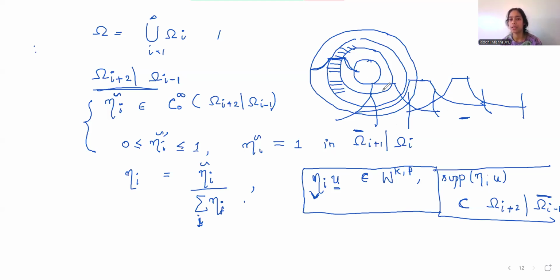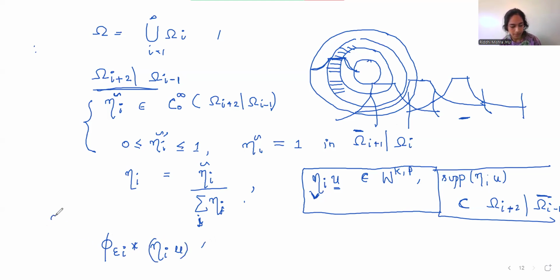When you multiply with this function, this will give smoothness to each patch. So what I am trying to say is that now I will take the convolution phi_epsilon_i with eta_i u.